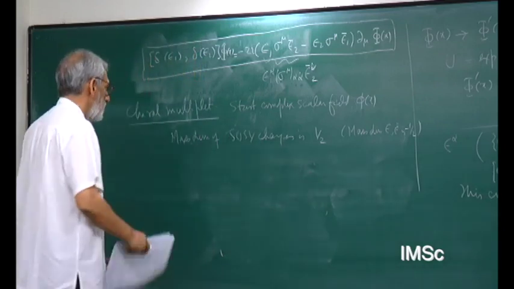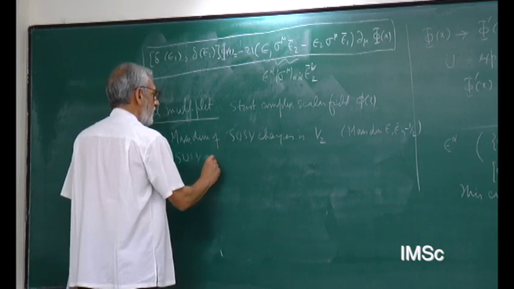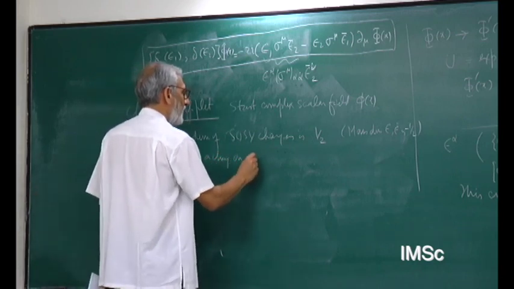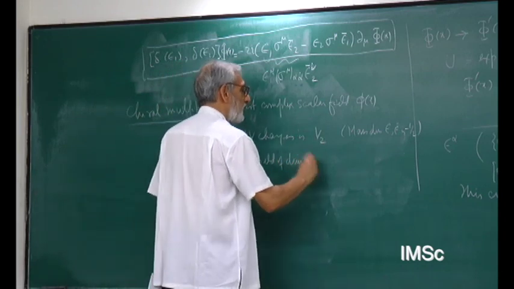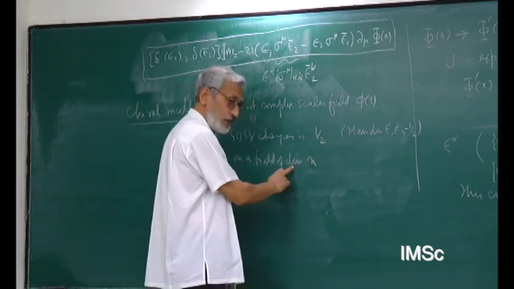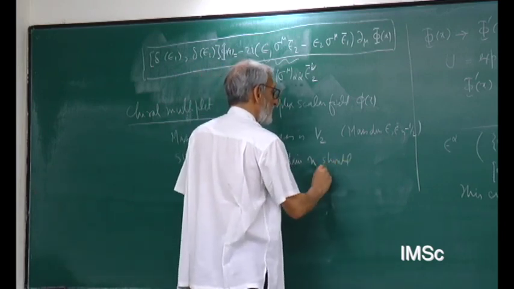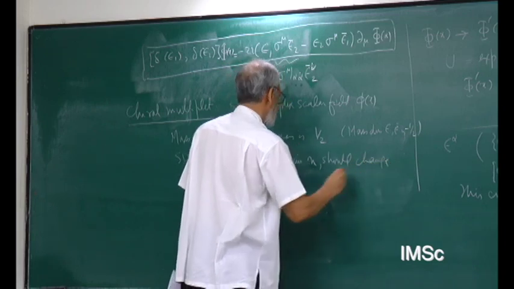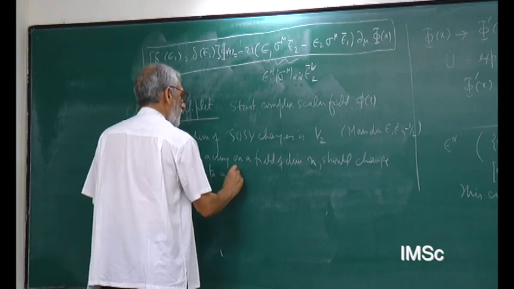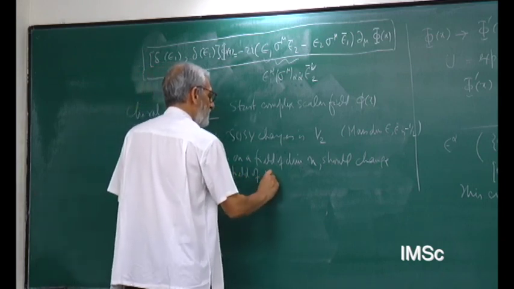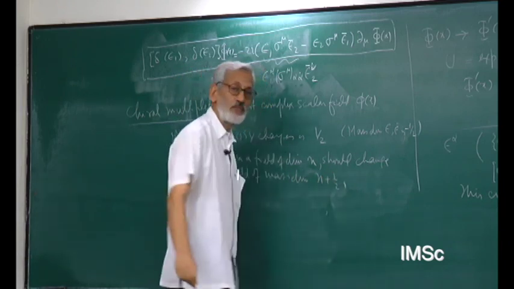So therefore, Q SUSY acting on a field of mass dimension n should change it into a field of mass dimension n plus half.